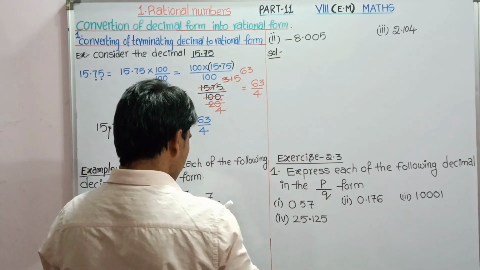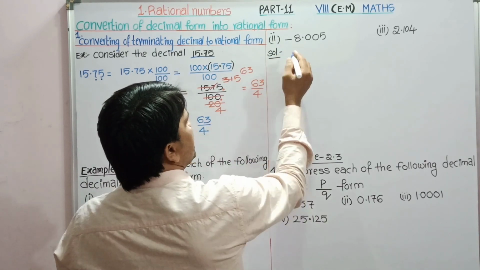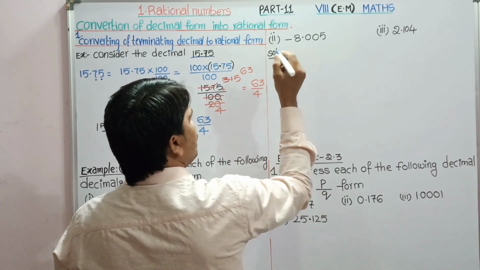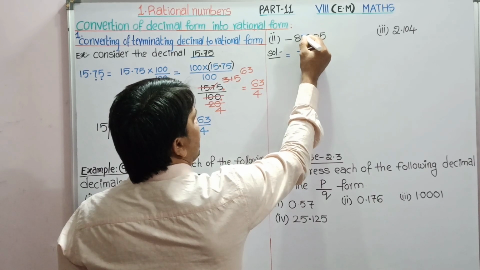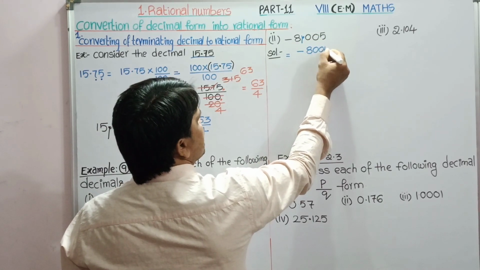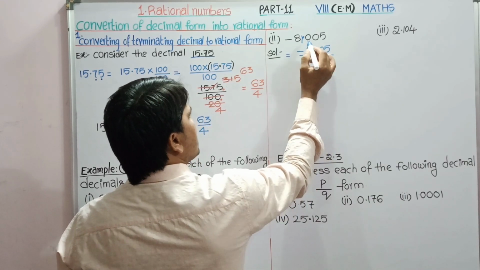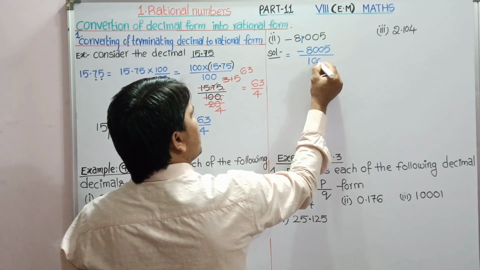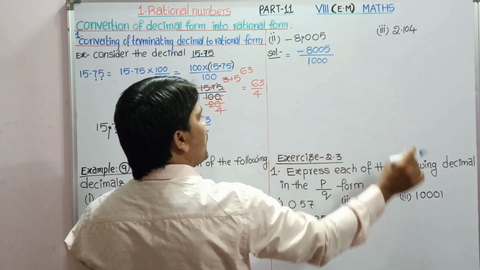Second one. It is a negative terminating decimal number. Simply remove the decimal point and write the digits as they are: minus 8005 by, and in the denominator place 1 annexed with 3 zeros, as the decimal number has 3 decimal places.